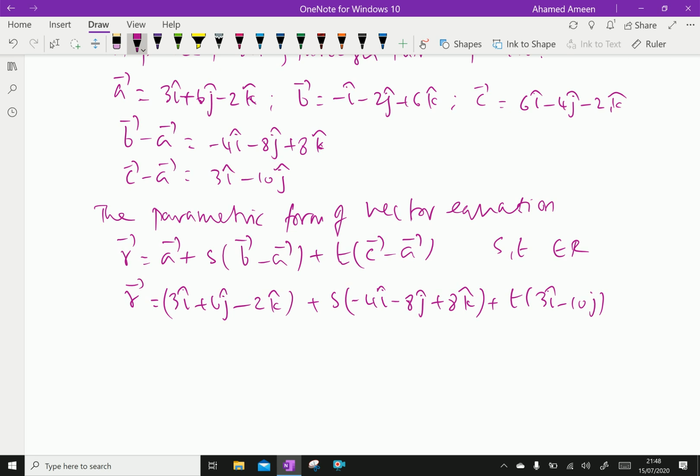This is the parametric form of vector equation of the plane through 3 points.